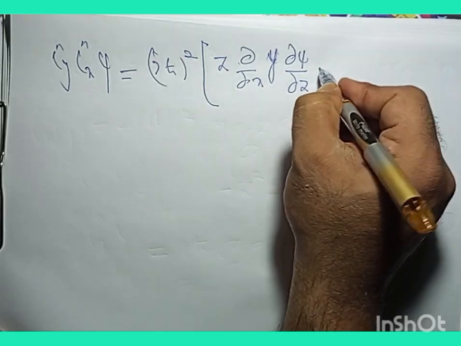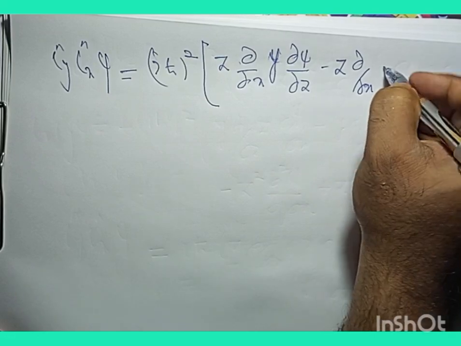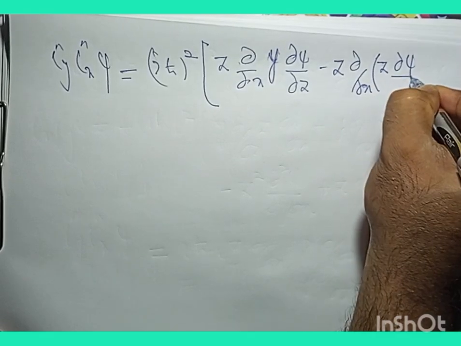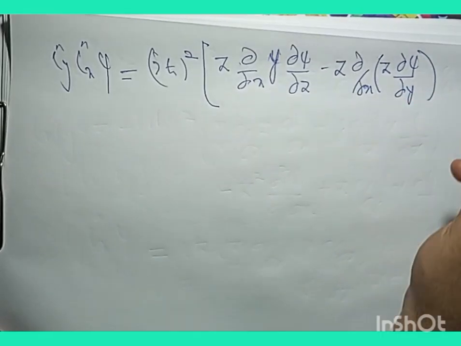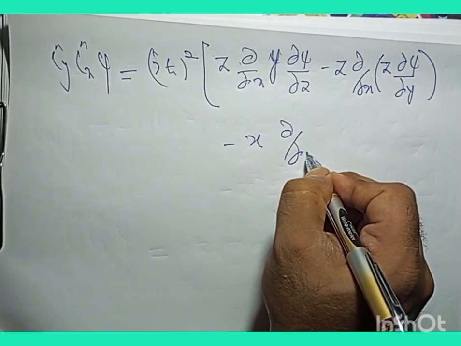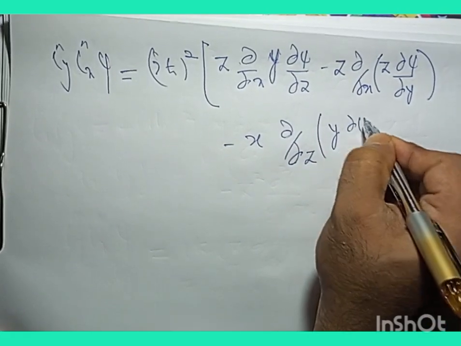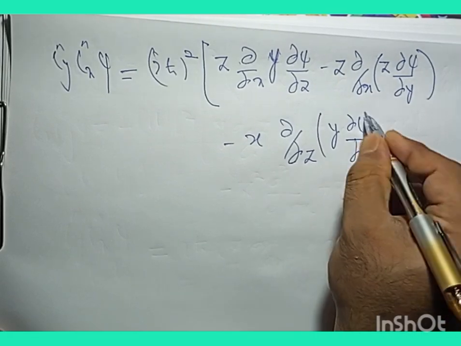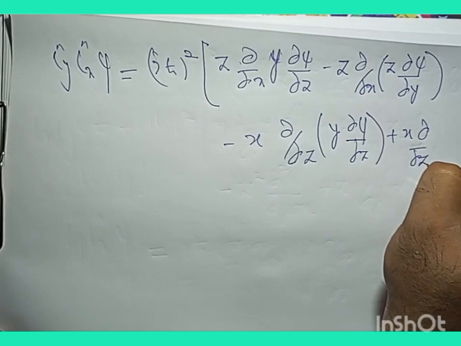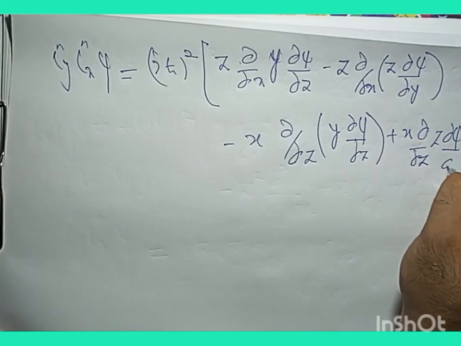This will be my first term, then minus z ∂/∂x of z ∂ψ/∂y, and then minus x of ∂/∂z of y ∂ψ/∂z, and then plus x ∂/∂z of z ∂ψ/∂y.